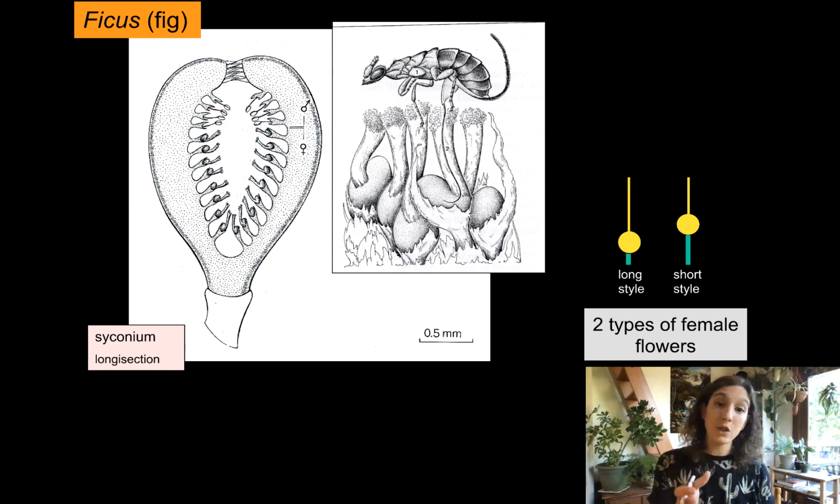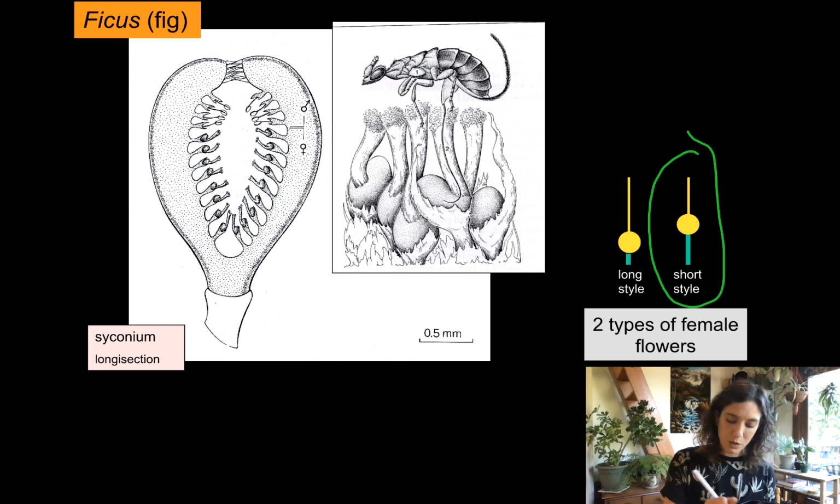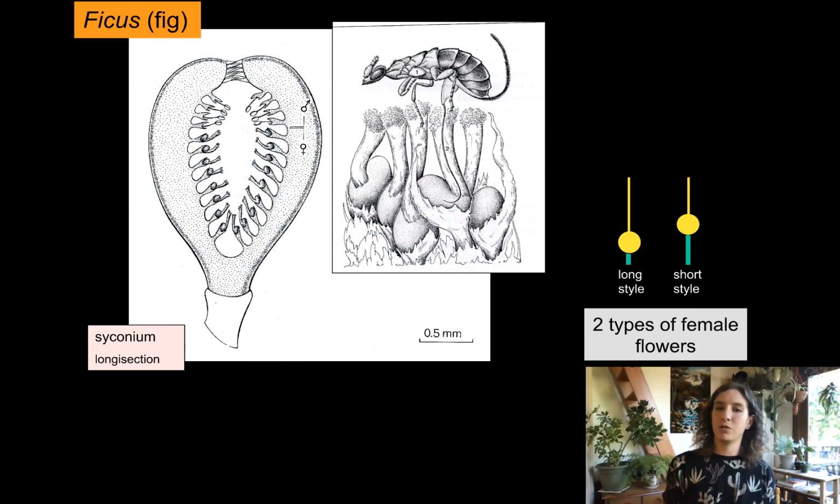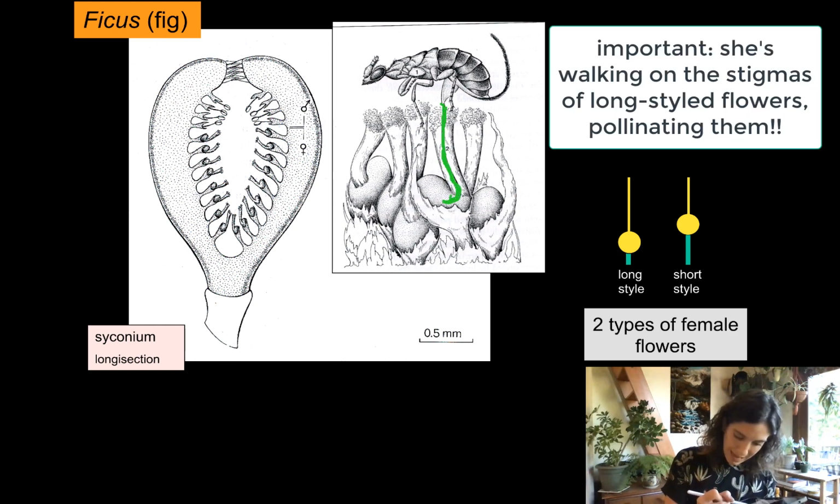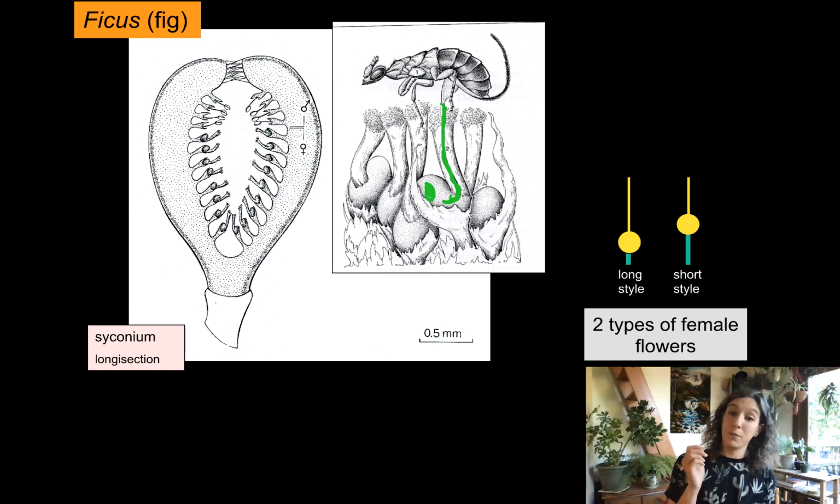She oviposits her eggs into very specific flowers, though. We have two types of flowers, remember. And she only oviposits her eggs into these ones right here, the ones with the short styles. The only reason is because that's the only one that she can reach her ovipositor into. This is her ovipositor right here, and this is what an egg travels through, and then an egg is laid right there inside of the fig flower ovary. That's what these lumps are.